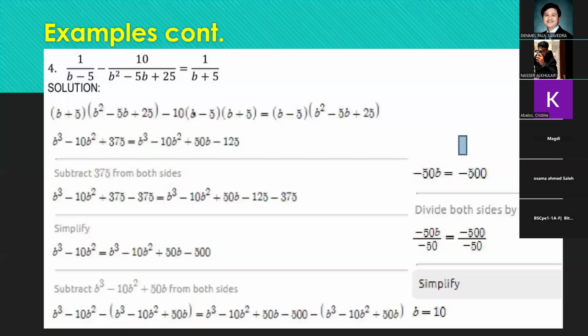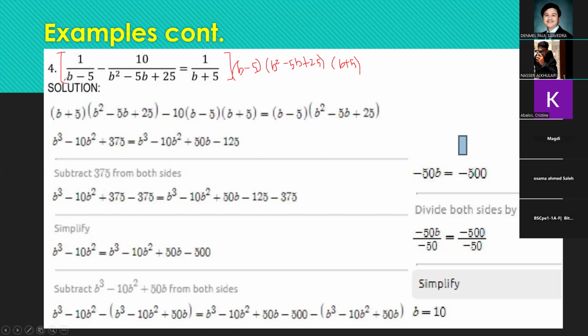So we just simply want to eliminate everything that is in the denominator by multiplying everything: b minus 5 times b squared minus 5b plus 25 times b plus 5. I just multiply this on the entire equation for you to be able to eliminate all of your denominators.